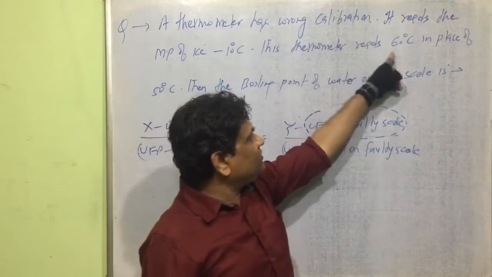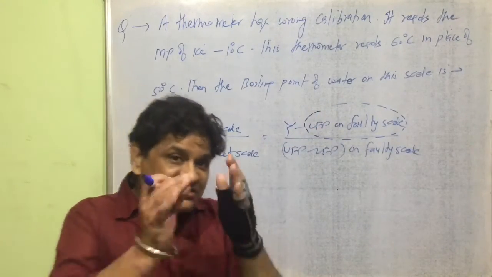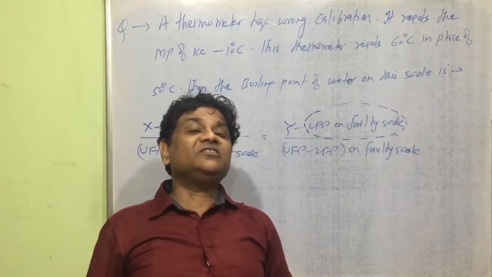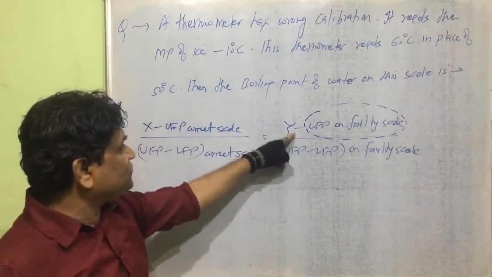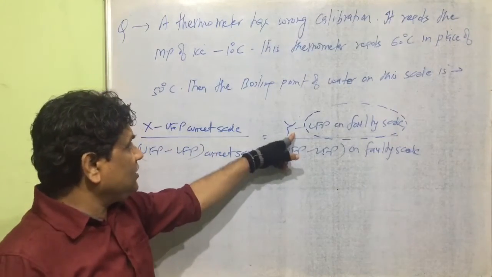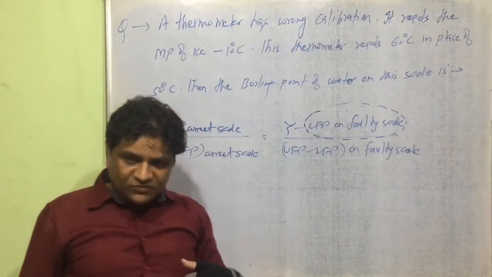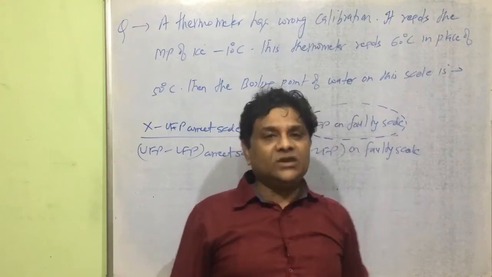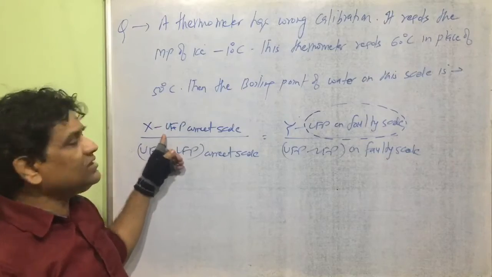This thermometer reads 60 degrees Celsius in place of 50 degrees Celsius. Which thermometer reads 60 degrees Celsius? The faulty thermometer. So y is equal to 60, in place of 50 degrees Celsius, so x is equal to 50. So 60 means y and 50 means x.